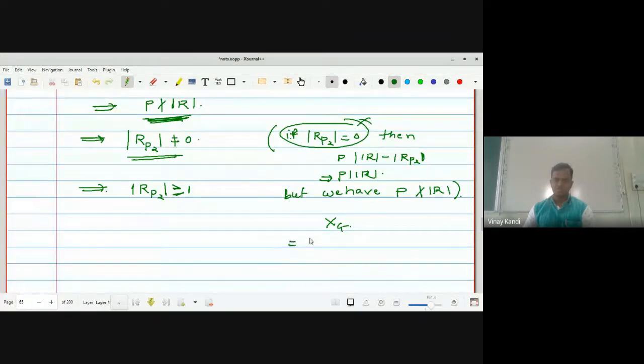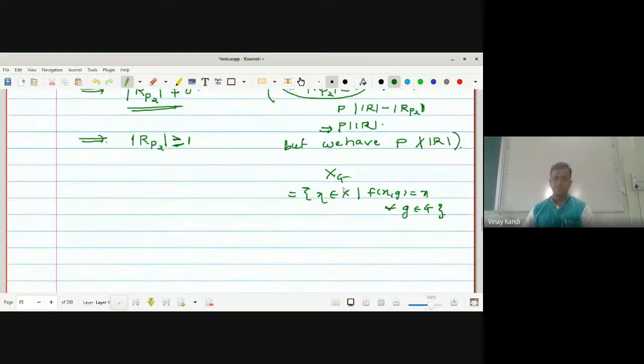The collection of those elements belonging to x such that f of x, g is equal to x for all g belonging to capital G. x^G is a subset of x. So here R^p2 is a subset of R. Is it correct? Any doubt?